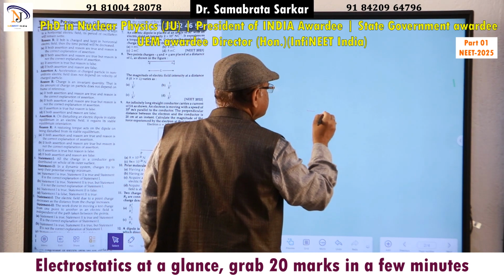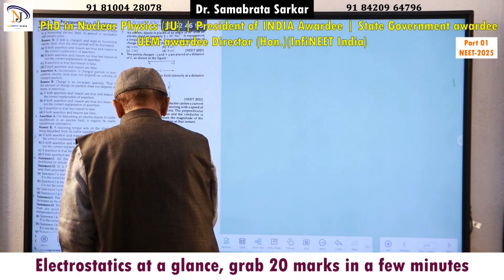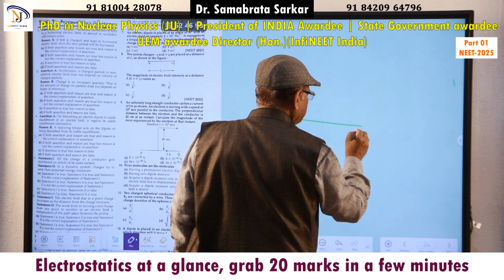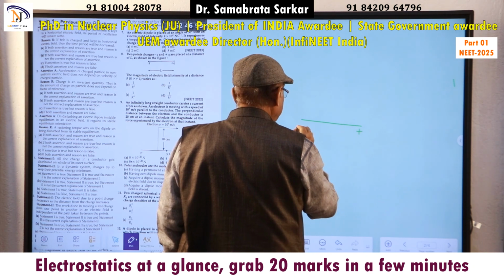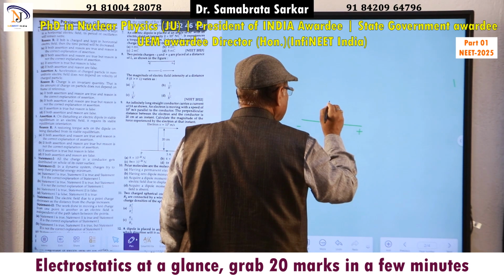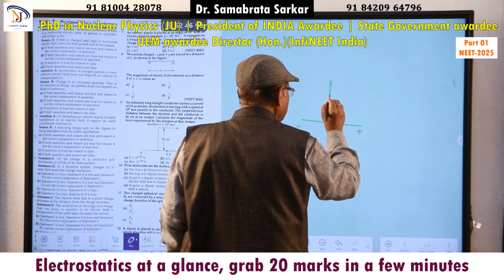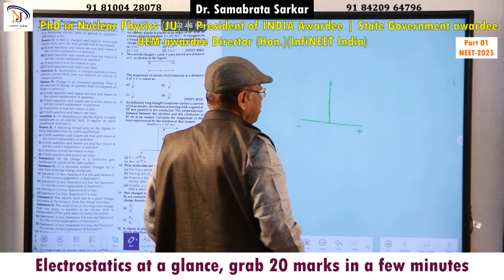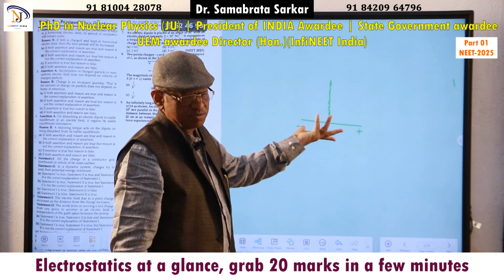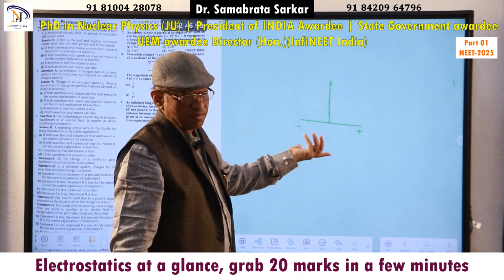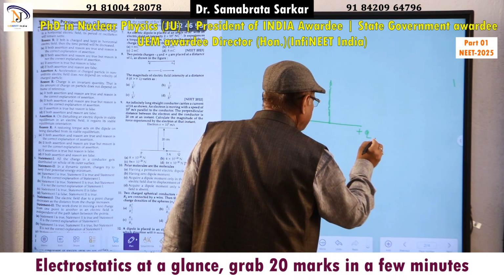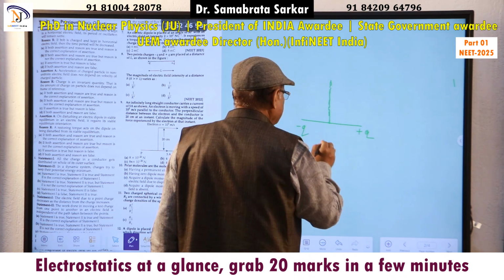Suppose this one is positive and this one is negative. So what you are getting, just see, they may give you this problem and so many diagrams may be given also. When it is plus q and this one is a minus q.